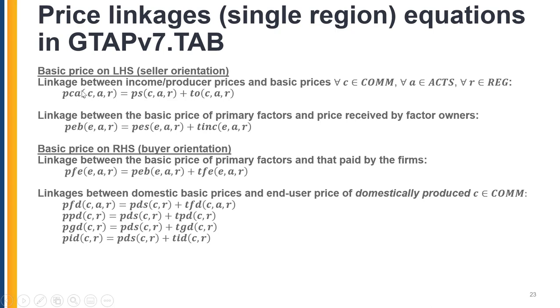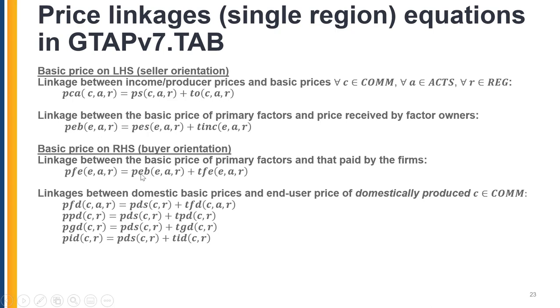There's another price that comes right after that, PDS, the aggregator of all activity versions of a commodity, the source aggregator. And then here we have the basic price for an endowment good. Move down here and you're on the buyer orientation, so firms buy the endowment, and you could go PES, the supply, faces an income tax, get to the market price.